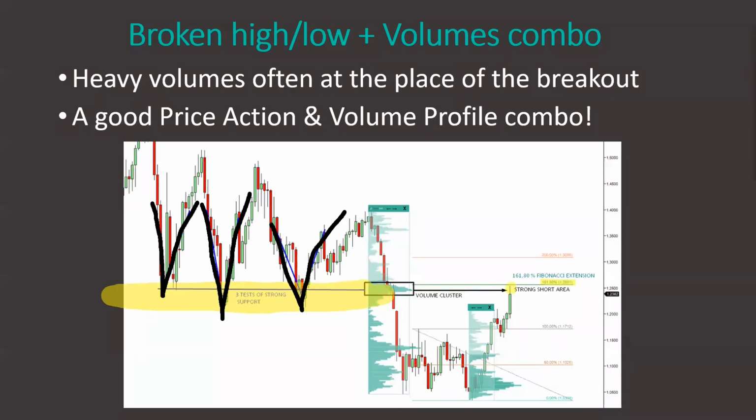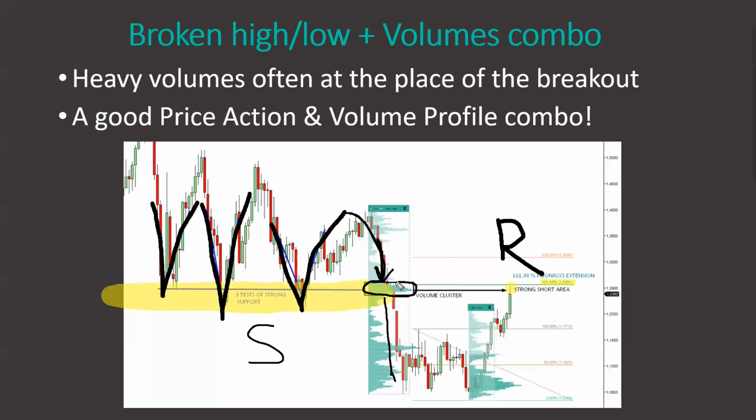Now, what happened next was that the price went past this support, turning the support into a new resistance. And the thing to point out here is when the price was pushing through that support, look at volume profile.